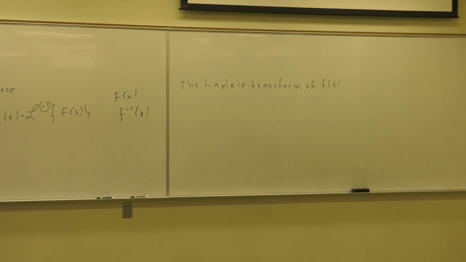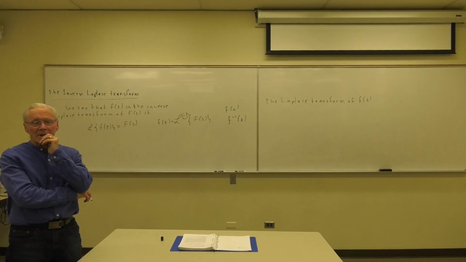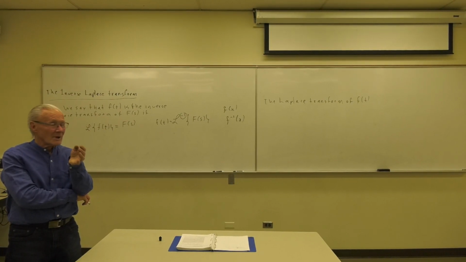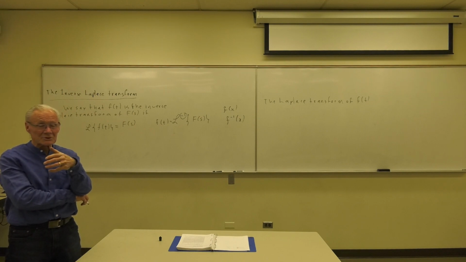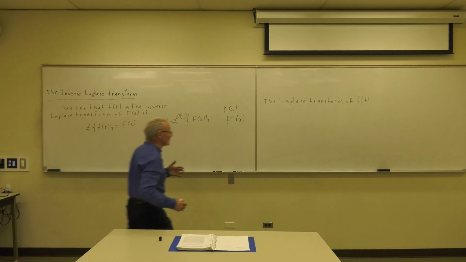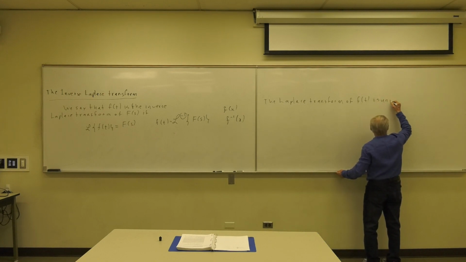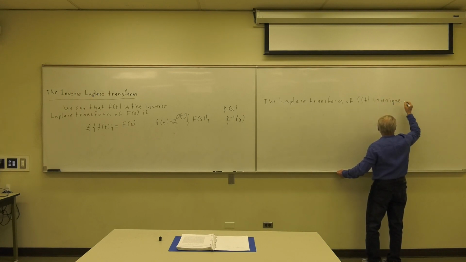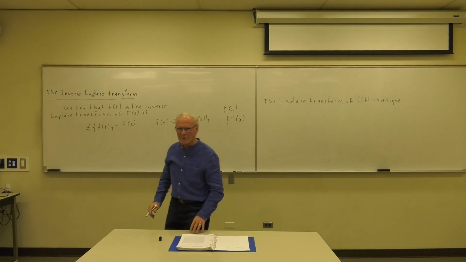Can a function have more than one transform? And the answer is no. The transform is defined as a definite integral. And you cannot have two different answers to a definite integral. So the Laplace transform of f of t is unique. There's one and only one transform of a function f of t.